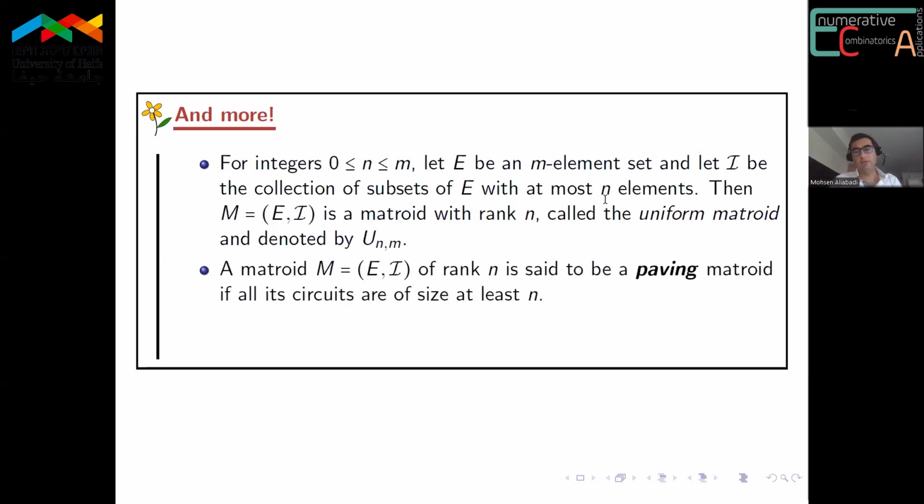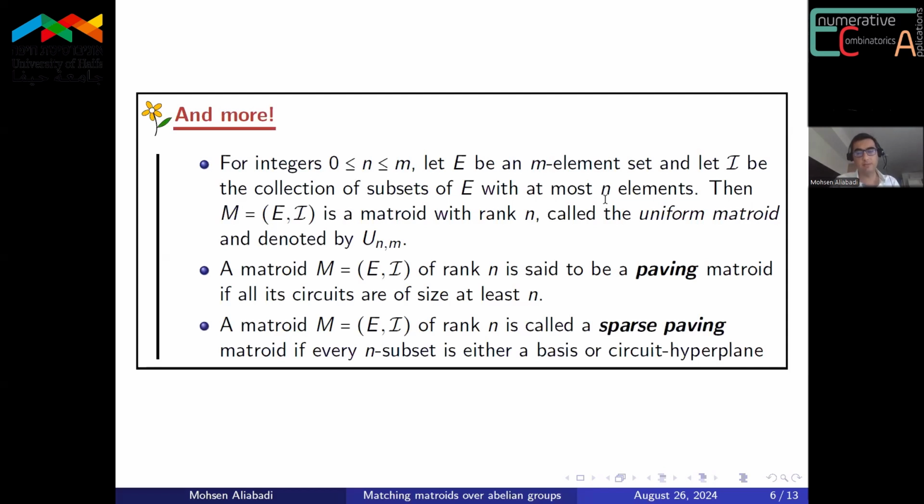And a paving matroid: a matroid of rank n is said to be paving if all circuits are of size at least n. It means every subset of cardinality n-1 must be independent. And also sparse paving matroid.